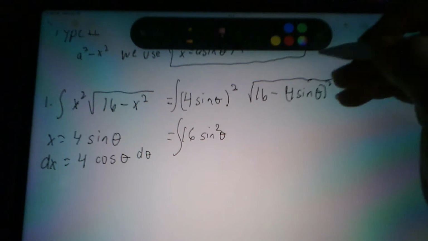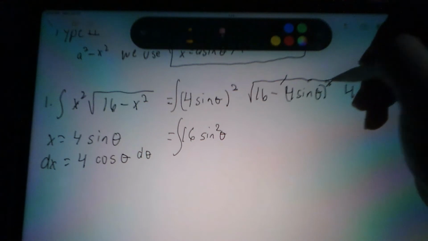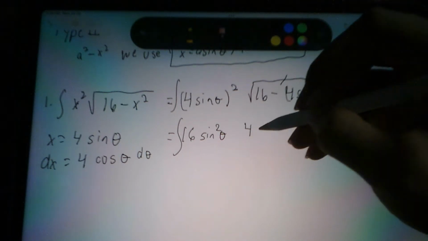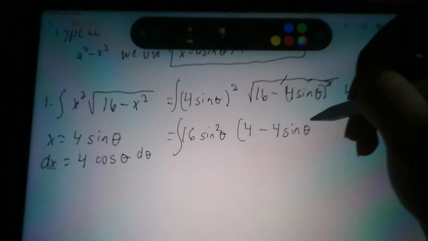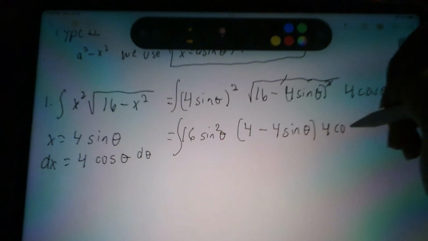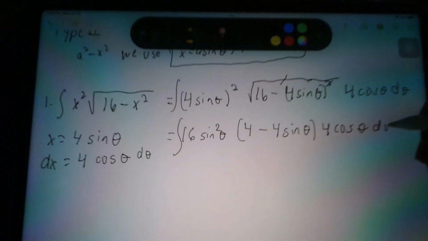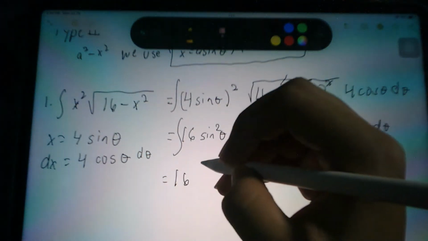So by inspection, the square root of 16 is just equal to 4 minus 4 sine theta, 4 cosine theta d theta.